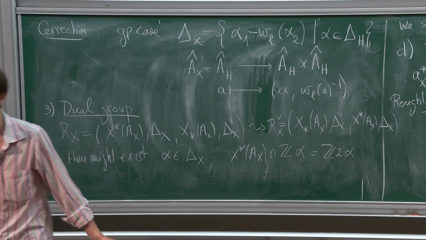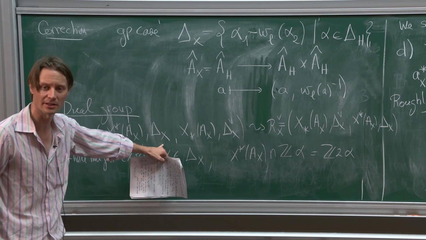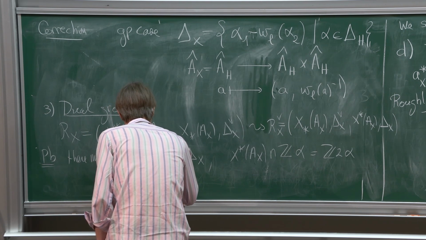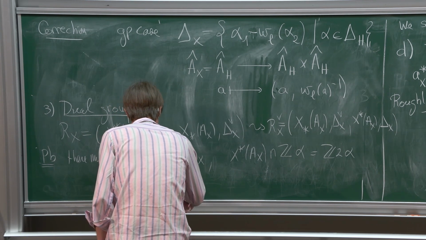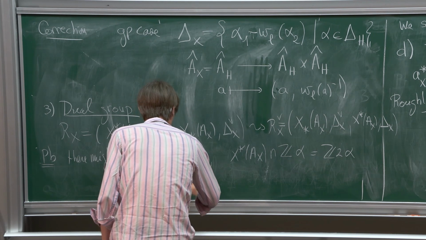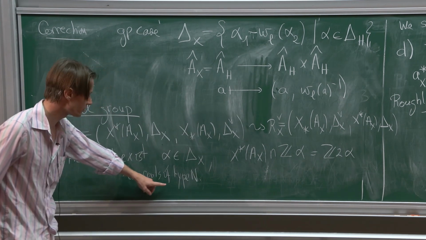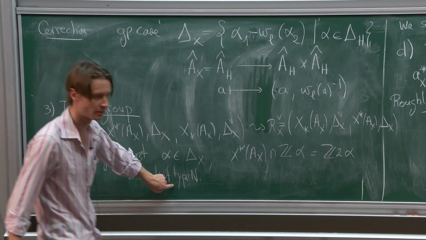So sometimes alpha is not in the weight lattice, and then it is not really a based root datum. These are called roots of type n. And really, anything that I'm going to say only works when there are no roots of type n.